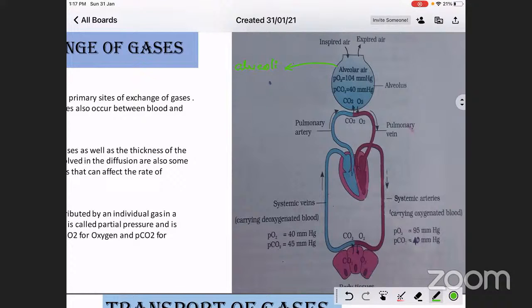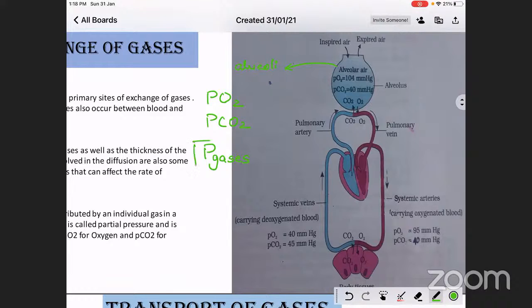Okay, so now you have to be clear about two terms: first is PO2, and PCO2. These are the two terms, PO2 and PCO2. When we talk about O2 and CO2, we have already understood that we are talking about oxygen and carbon dioxide. But before that, you have to be very clear about this term, P gas, because in place of gas you can put anything: oxygen, carbon dioxide, nitrogen, anything.